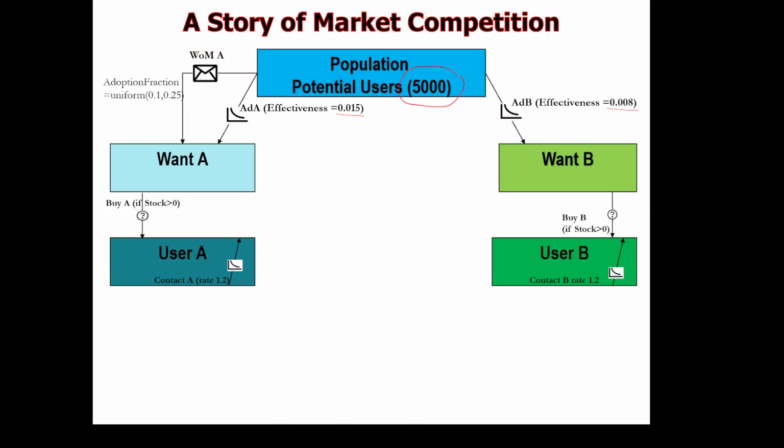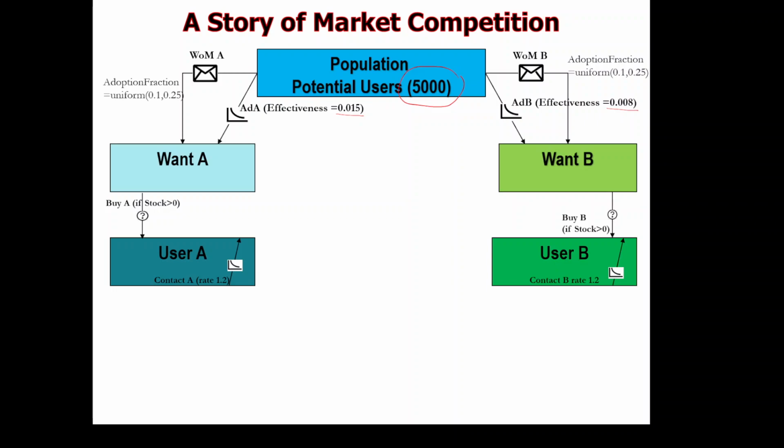We model this by word of mouth. So we have modeled word of mouth as word of mouth A and word of mouth B. Word of mouth A we have modeled by the adoption fraction, which is uniform 0.1 to 0.25.